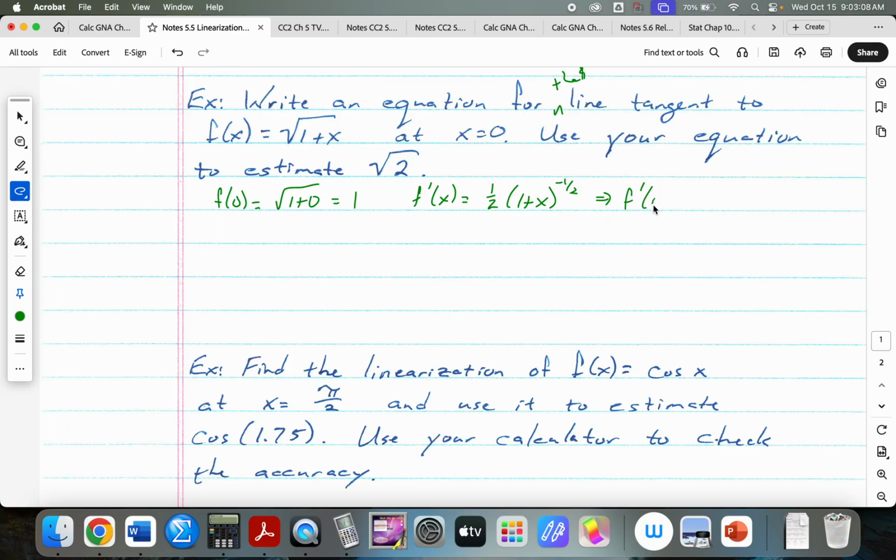So that f prime at 0 is, when I substitute in x is 0, just 1/2. So our linearization, L of x, is equal to 1 plus 1/2 times x minus 0.